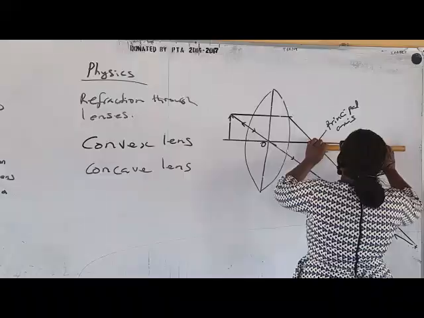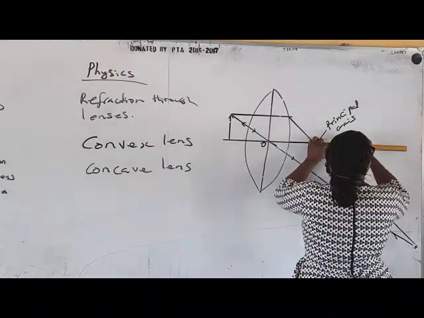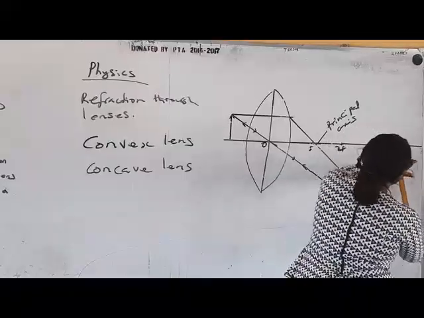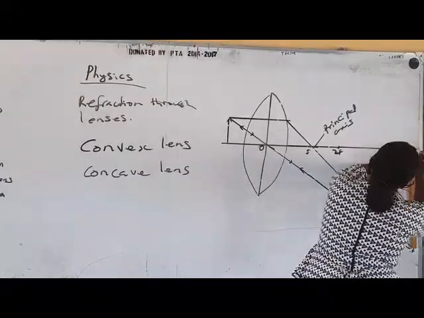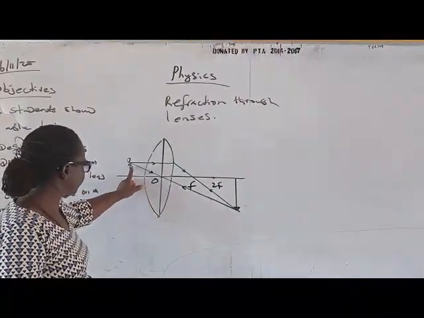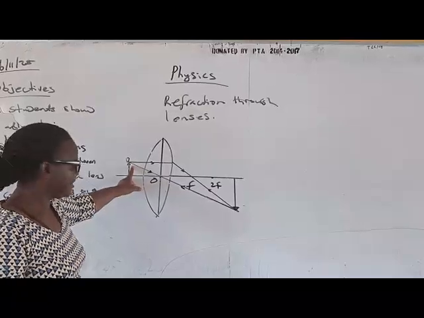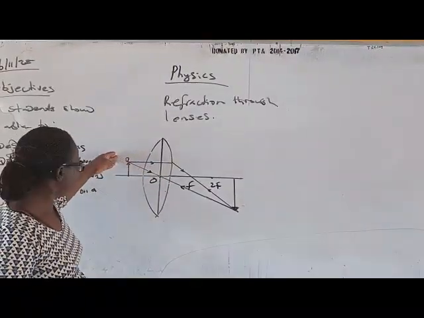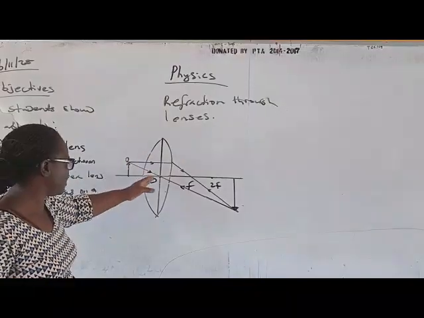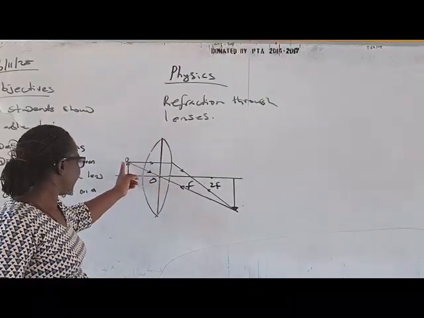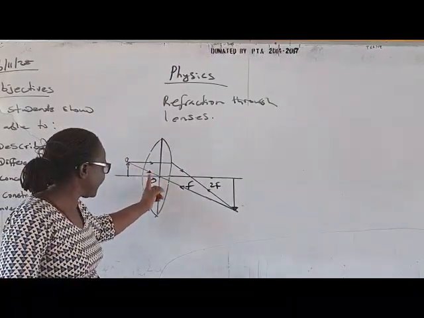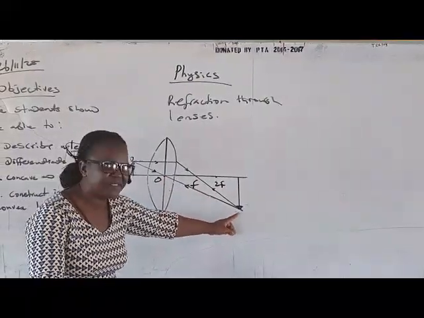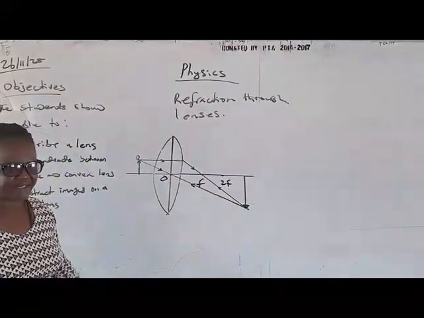If you trace this and then you join it, and these two rays meet, you can see one of the rays coming from the object. This is the object. Supposing Mr. Amos is standing here, he becomes the object in front of the lens. The ray of light will pass from his head, pass through the optical center of the lens, and come this way, undeviated.